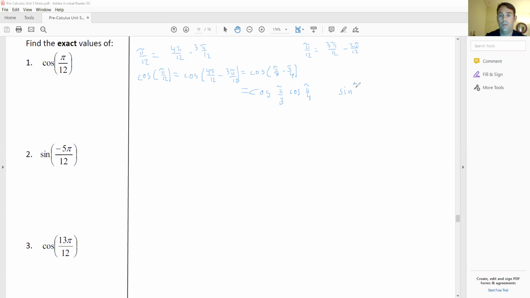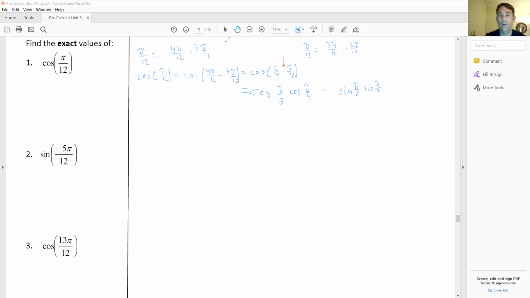Sine of pi over 3, sine of pi over 4. And then you look at your sign here. This is minus. Now on cosine, remember that it's always going to be the opposite sign. So that means this needs to be a minus.